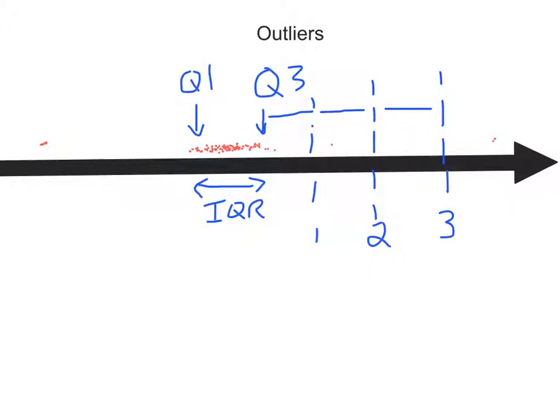So that means that these 2 data points are outliers because they lie beyond the third interquartile range away from Q3. So once again, each one of these is an IQR, and then an IQR. So there are 3 IQRs.